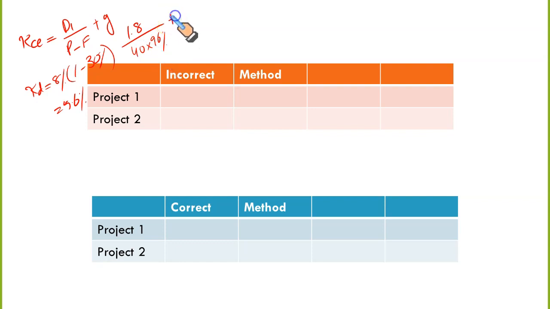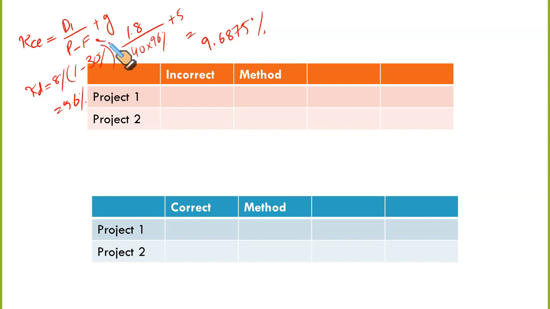And to this add the growth rate, that is 5%. So it's 1.8 divided by 96% of 40. Long question. So be patient. To this add 5%. That gives you 9.6875%. This is the cost of equity using dividend discount model, where the flotation cost has been embedded as a part of cost of capital.